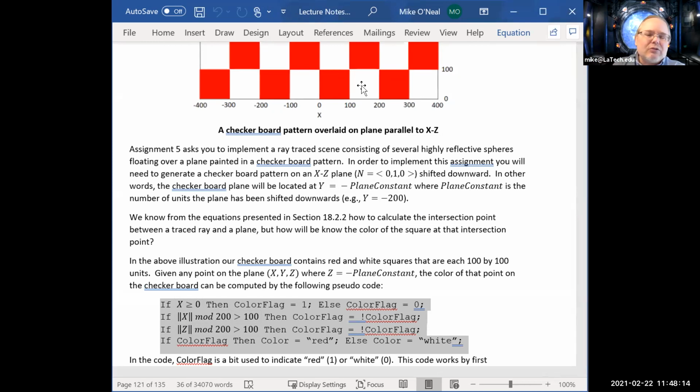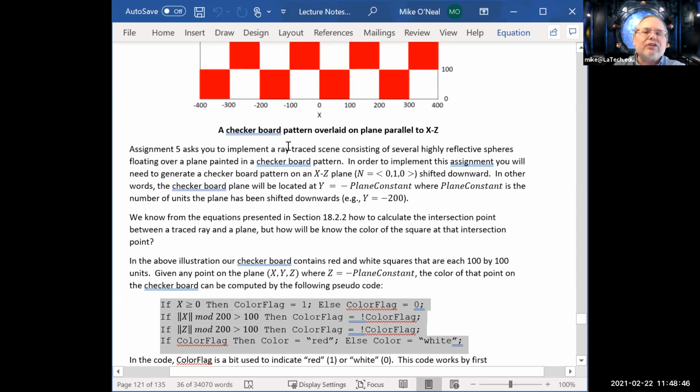Does that make sense? What if it was the other direction? Let's say that I'm here and I'm going to move to minus 250. Well, minus 250 is not greater than or equal to 0, so the color flag starts at 0. I'm going to start on a white square because I'm moving leftwards. Minus 250, absolute value is 250, mod 200 gives me a 50. Is 50 greater than 100?